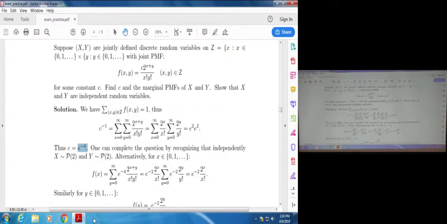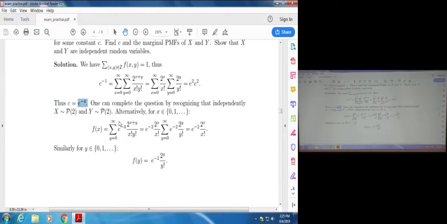It's basically the same thing as we were doing before. Now if you know a lot about probability mass functions, you're done, because clearly this is the product of two Poisson random variables with parameter 2. But if you want to do the question properly, to find the marginal probability mass function of x, f of x, I fix x in 0, 1, off to infinity, and I sum the joint probability mass function over all possible values of y.